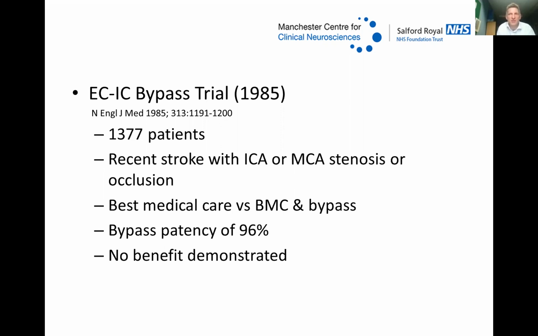It was looking at best medical care versus best medical care and bypass. And the bypasses worked well, with a 90 to 96% patency rate at follow-up, but no benefit was demonstrated with bypass over best medical care alone.